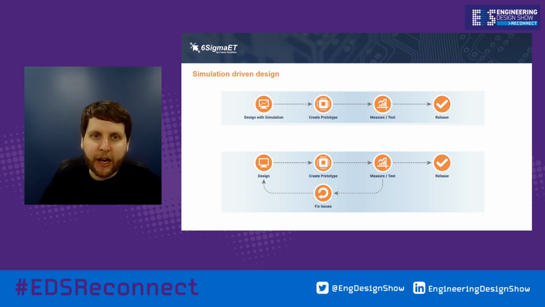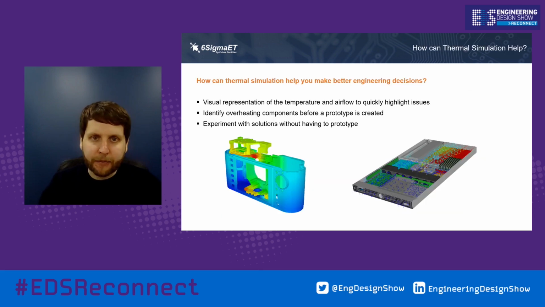So what we're recommending is you do your electronic system design with simulation, which means that you can test your thermal design in simulation, test that the device will operate at whatever operating conditions you want, say 50 degrees C, and then when you go to create a prototype, measure and test, you're much less likely to have any thermal issues that come up.